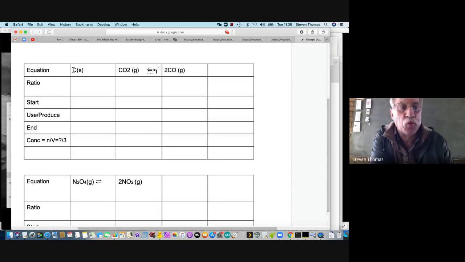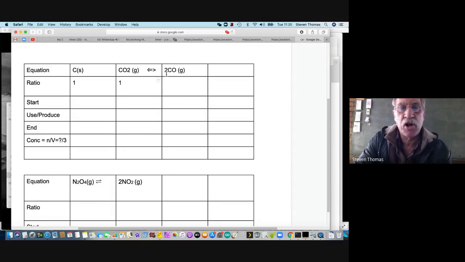Okay, what do we put in the ratio column here? What's the number in front of the C? It's an invisible 1. What's the number in front of the carbon dioxide? 1.